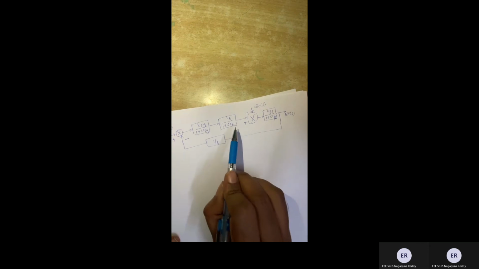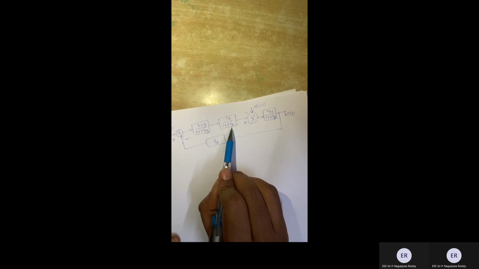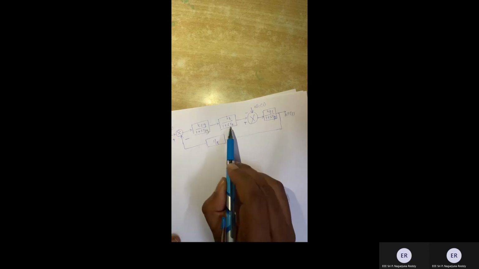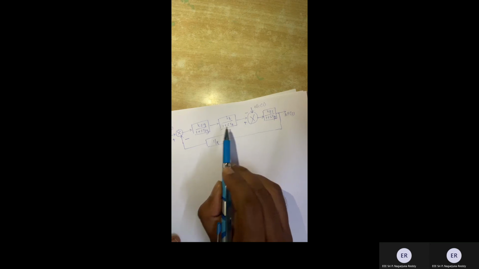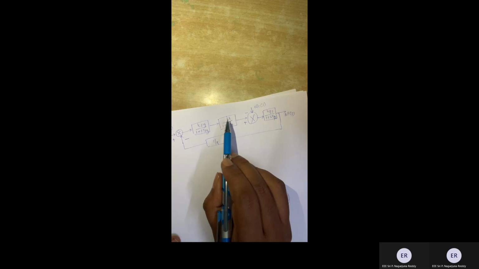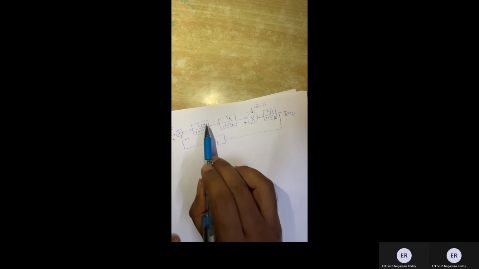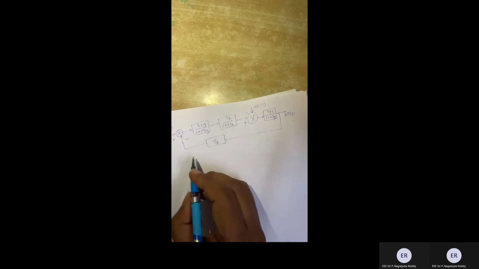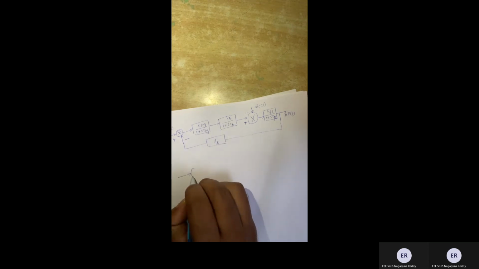Now, if you carefully see what I'm going to do, I'm neglecting this time constant, I'm neglecting this time constant. So this will become 0, this will become 0. So what I'll be getting? Ksg by 1, this is Ksg, this is Kt by 1, this is Kt. Again, if I multiply these two, I have already taken the assumption that Ksg and Kt multiplied will result in 1, which means that I'm not going to consider these two now.